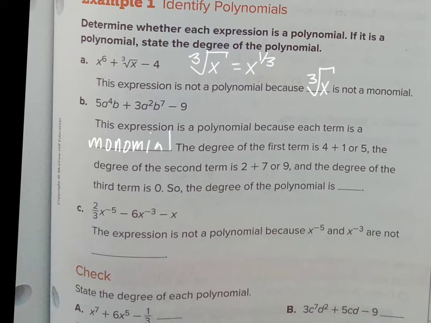Now in the last section we were talking about degrees of monomials or terms, which is just the value of the exponent. And then we said of the polynomial, it's the biggest exponent. So these rules are basically still true, but when you get more than one variable, the degree is the sum of those exponents.